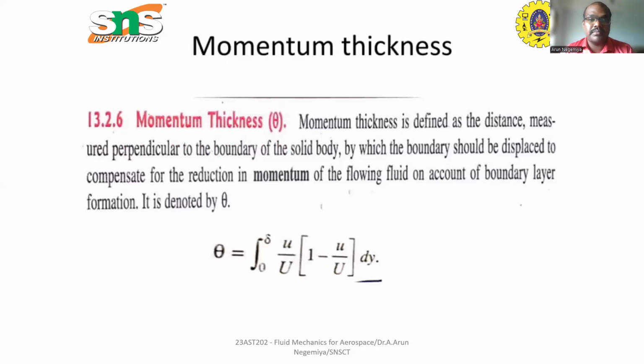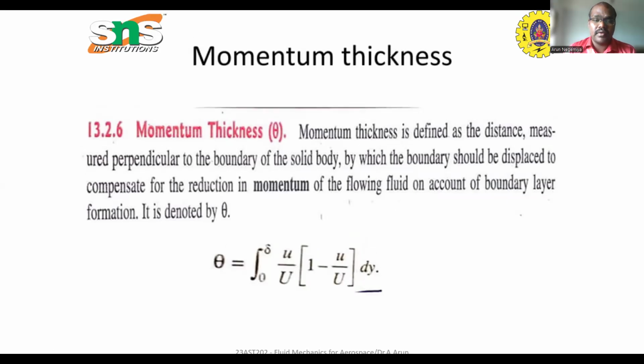The next one is the momentum thickness. Momentum thickness is defined as the distance measured perpendicular to the boundary of the solid body by which the boundary should be displaced to compensate for the reduction in momentum of the flowing fluid due to the boundary layer. The momentum thickness is denoted as theta.